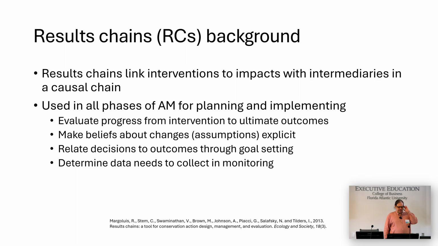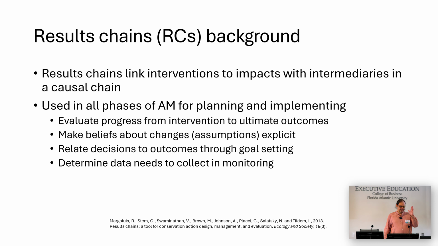So results chains are a type of conceptual model. They're pretty much a graph or a DAG that links interventions to impacts with intermediaries in a causal chain. They're often used in adaptive management internationally for planning and implementing.